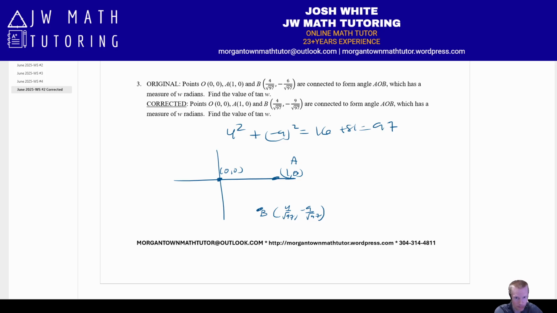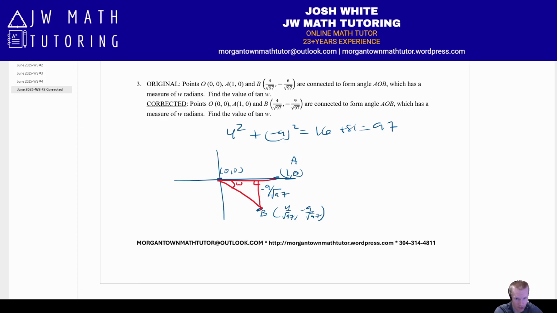We trace out this angle, which has a measure of W radians. We take the tangent of this angle, and it's the same basic procedure. The opposite value is your y coordinate, negative 9 over root 97.